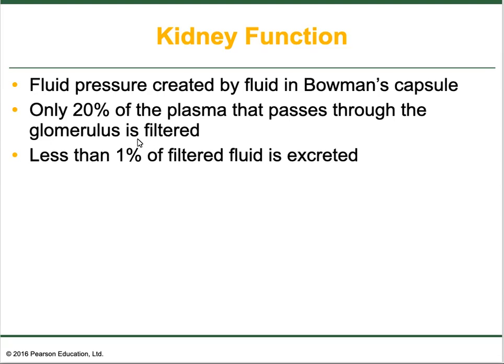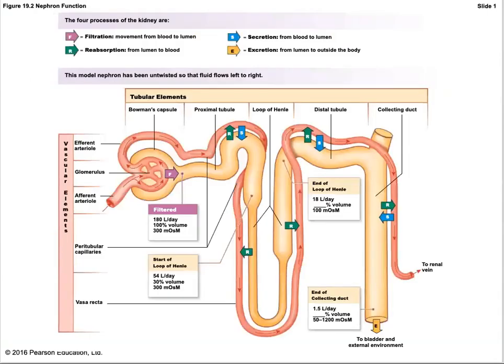And we'll see that at the end of the collecting duct, less than 1% of fluid ends up being excreted. So of all the fluid that gets filtered, only 1% ends up being excreted, and this is because over 99% of it gets reabsorbed throughout the renal tubule.